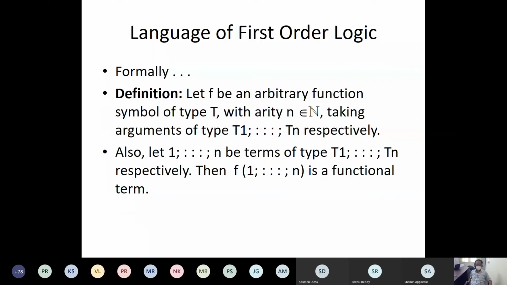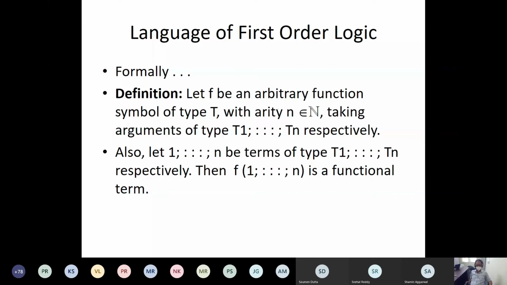So formally, let f be an arbitrary function symbol of type t with arity n, which is a natural number, taking arguments of the types t1, t2 up to tn respectively. Also let t_1 up to t_n be terms of the types t1 to tn respectively, so that these can be the arguments of f. So we can write f(t_1, ..., t_n). This is a functional term.